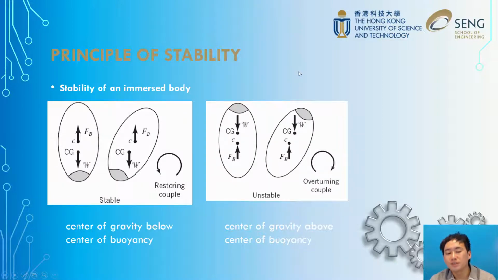Let me give you a very simple example. If you look at your airship as a system with very light air occupying most part of your system, and you have your motherboard, your main body, located at one end of the system.